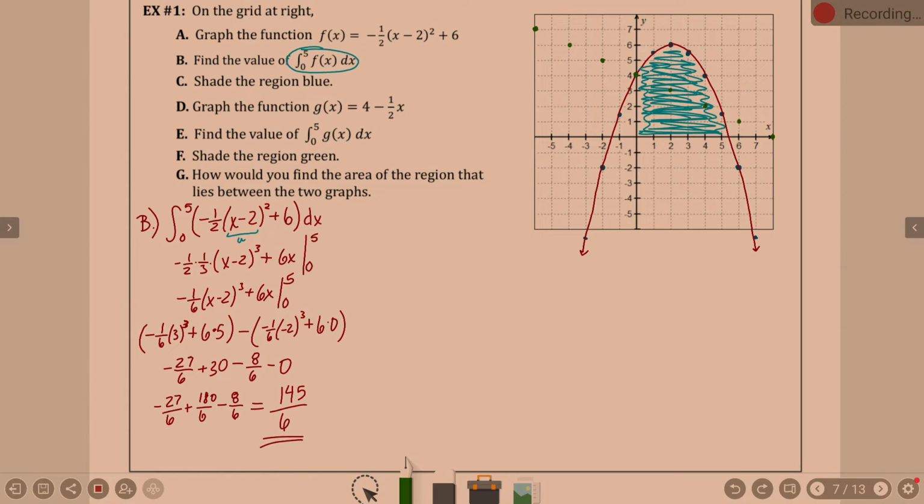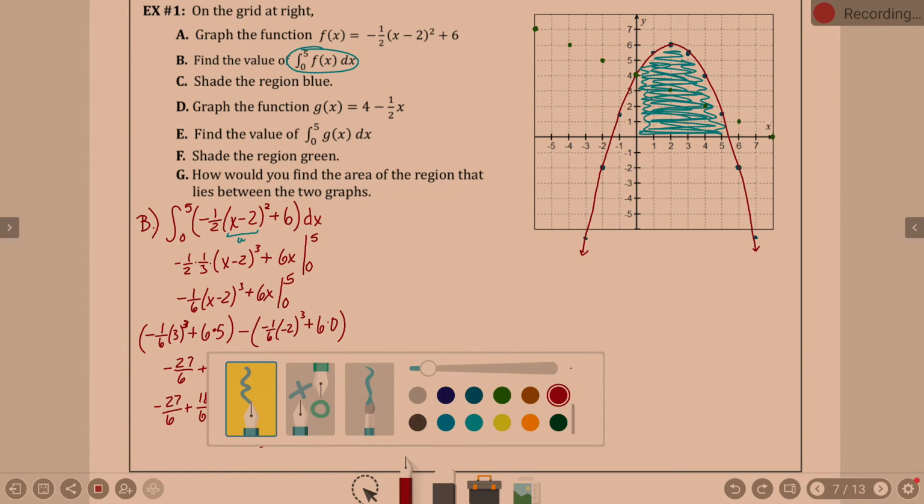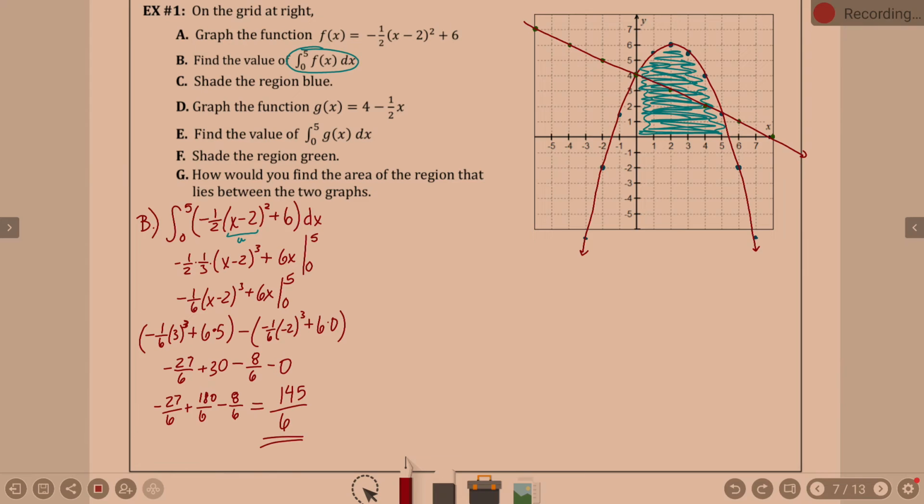Just because I can, lots of dots. Right? Down 1, rise negative 1, run 2. Okay. That was D. Guess what E is?